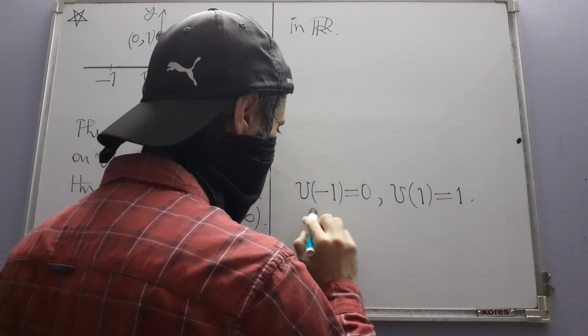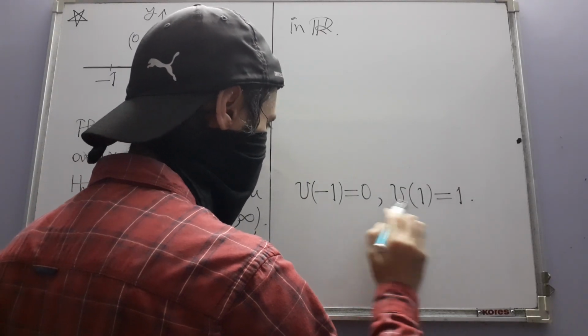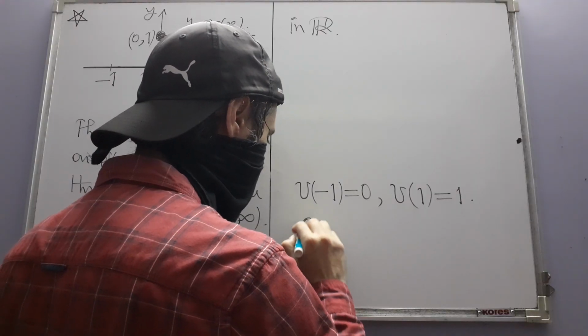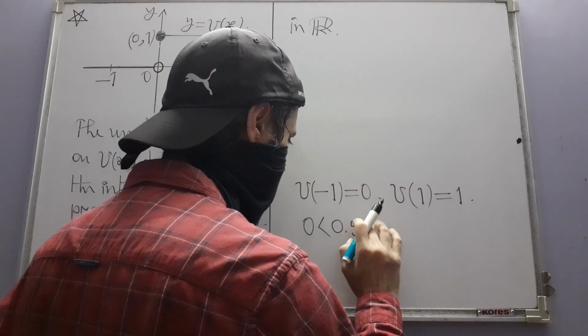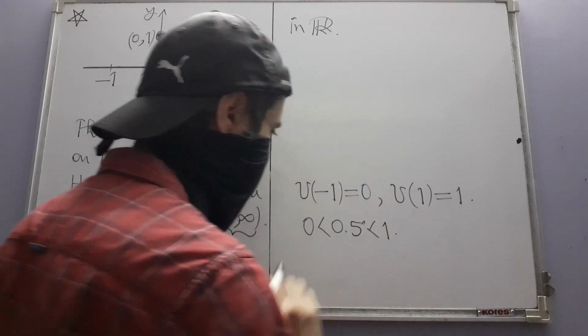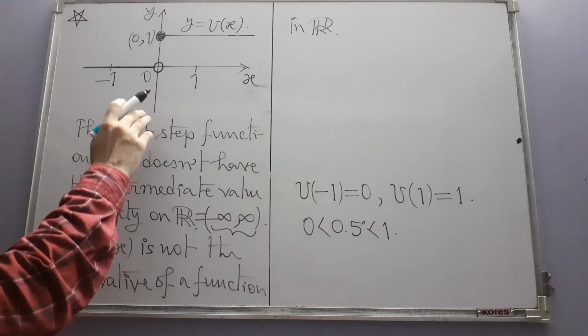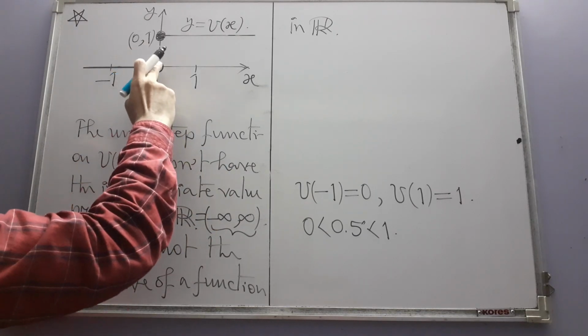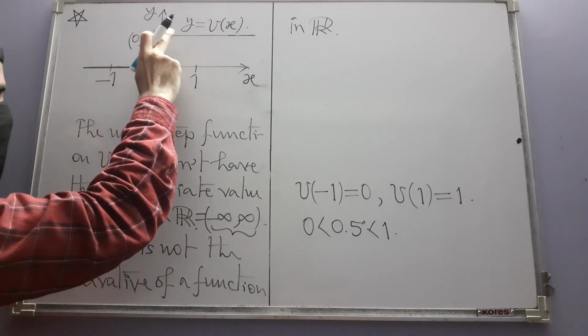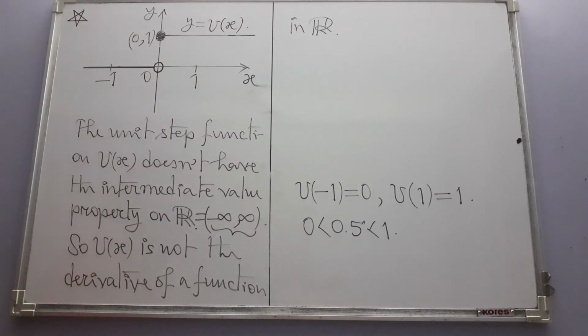For example, between u of -1 and u of 1, you have the value 0.5. Does u take 0.5? No. It only takes 0 and 1 as its values.